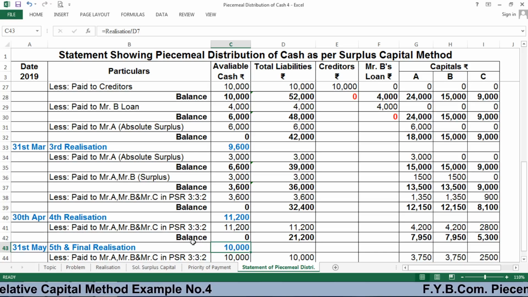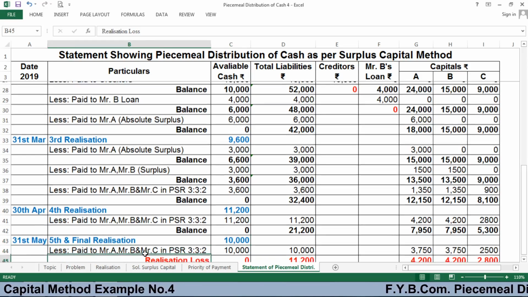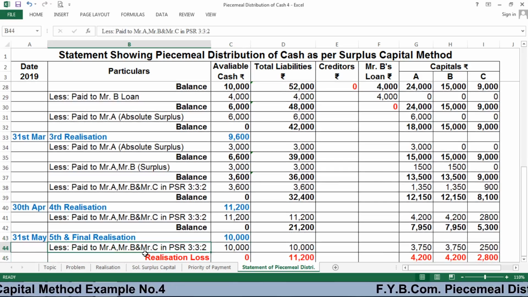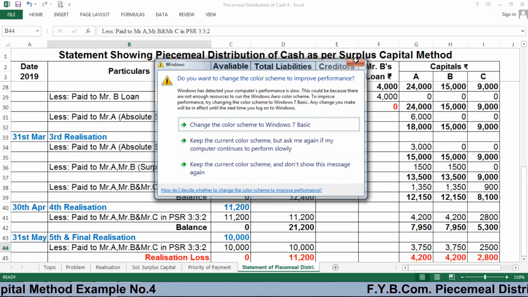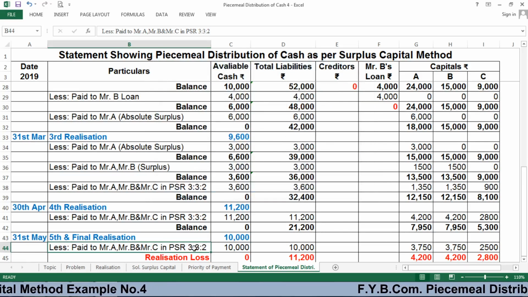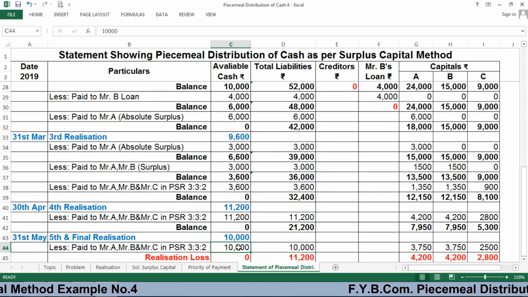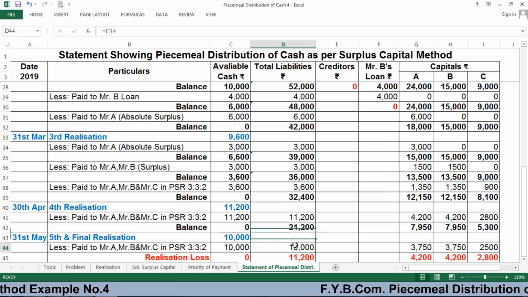Now again, as you see in the earlier step, whatever amount we are going to receive, it should be received by the partners in their profit sharing ratio. So in this step, we are going to pay Mr. A, B, and C in their profit sharing ratio. So less 10,000, total cash will be reduced by 10,000, balance comes to nil, and total liability will be reduced by 10,000, that is 21,200 minus 10,000.